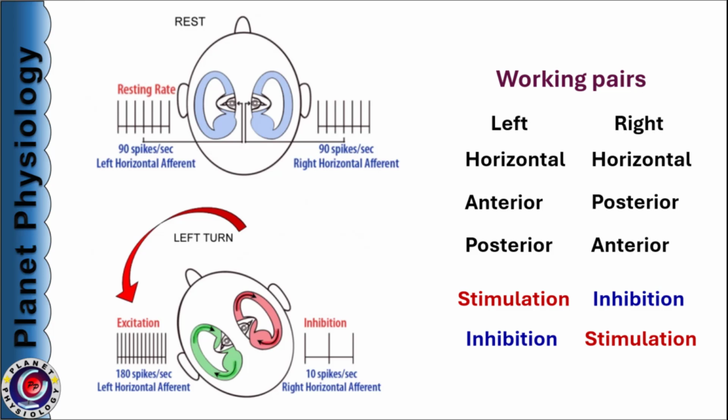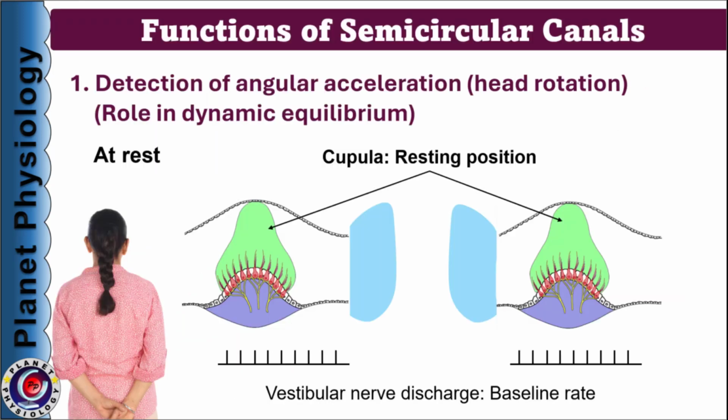With this understanding of semicircular canals, let's now discuss the functions. The first is role of semicircular canals in detection of head rotation or angular acceleration. This is also known as role in dynamic equilibrium. When the head and the body are in normal erect position, cupula in each semicircular canal is at rest.